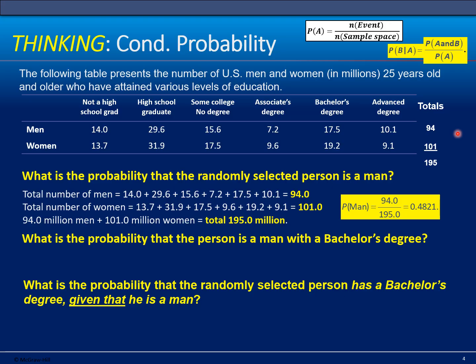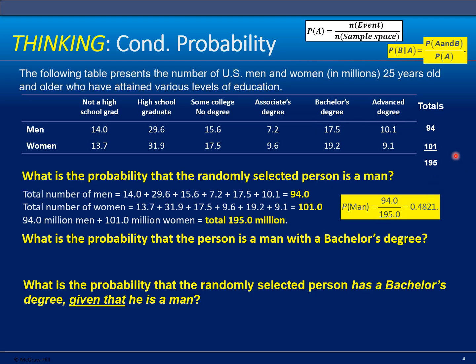All right. So what is the probability that the person is a man with a bachelor's degree? Here we have a combination, man and bachelor's degree. So we're going to look for men and bachelor's degree. That's right here. That's 17.5 million who are both men with bachelor's degrees. And then what are we going to divide that by?